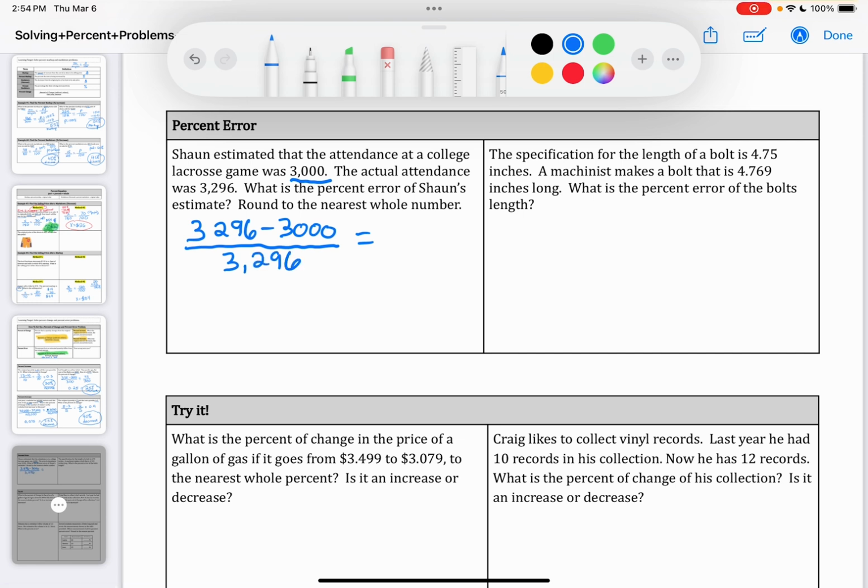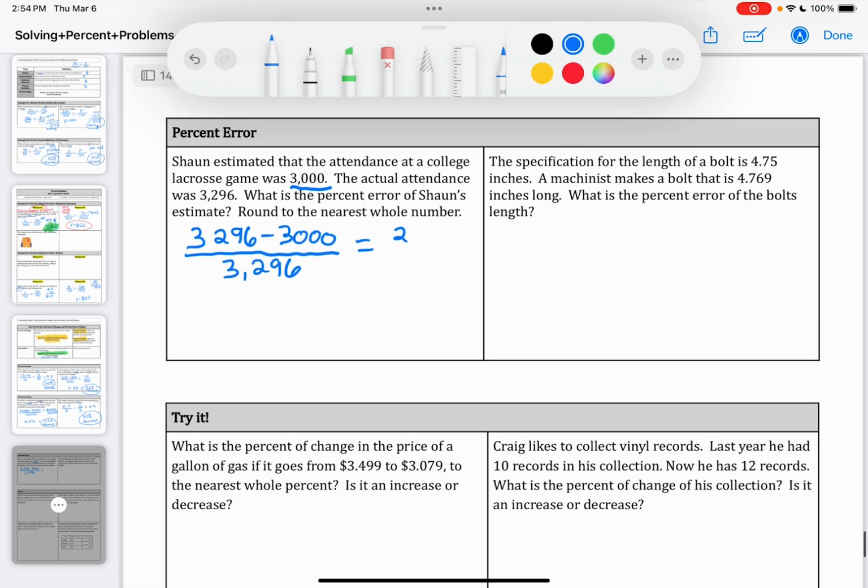So we're going to divide that 296 by 3,296, because we want to find out how far off Sean's estimate was.